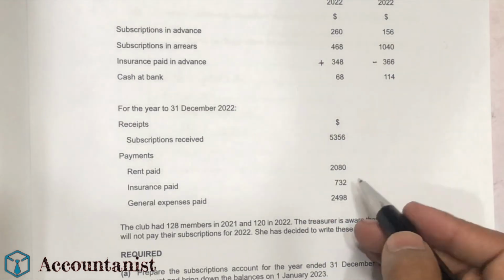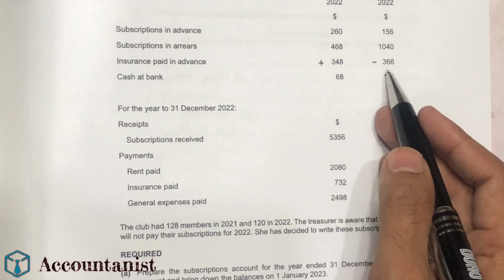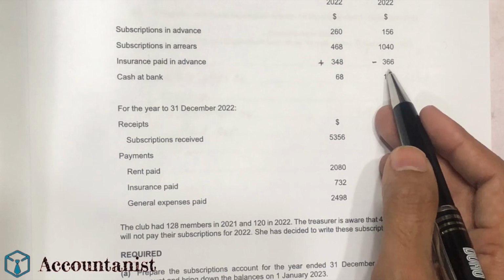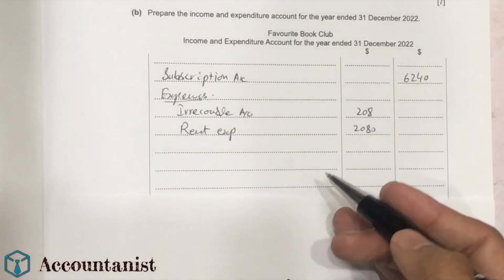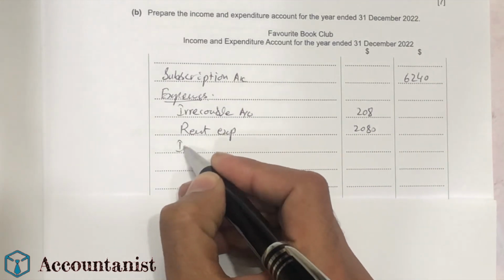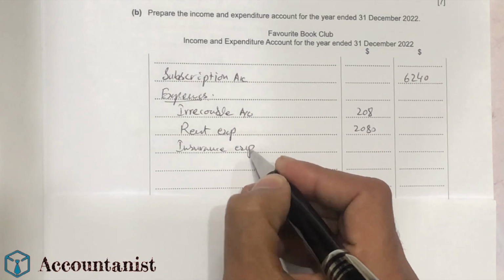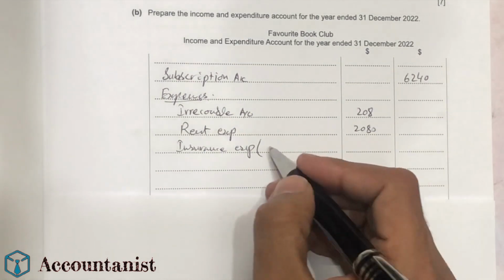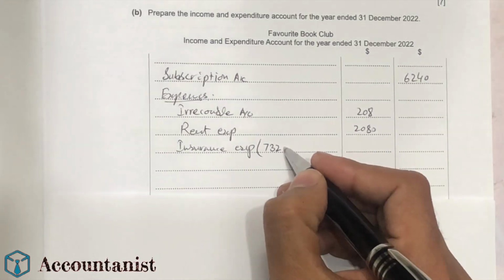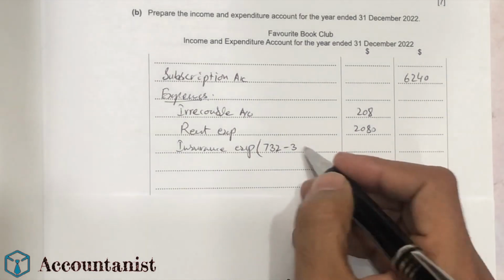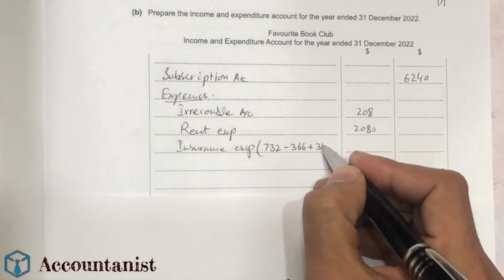So we have 732 less 366, and we have to add 348. So I'm going to write down here, so that will be insurance expense. In the bracket you have to write down 732 and less 366, and we have to add 348.